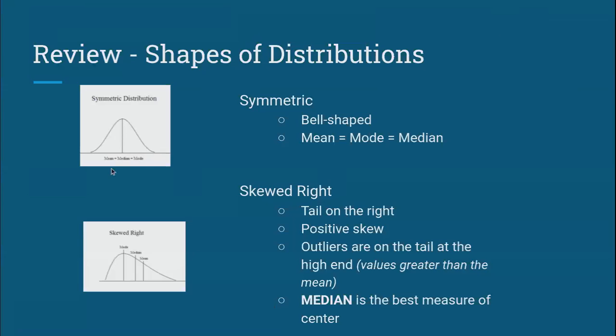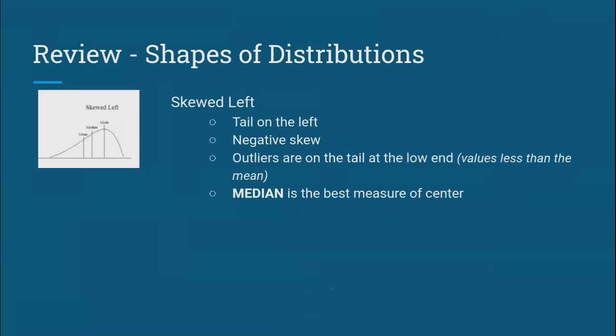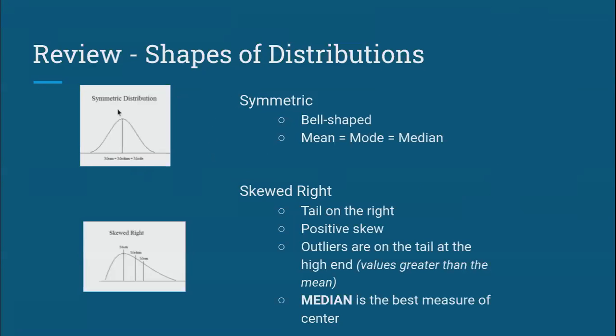So if someone was to ask you what is the best measure of the center of the data, you could technically use any of these: the mean, the mode, or the median, because they're all the same if the distribution is symmetric.